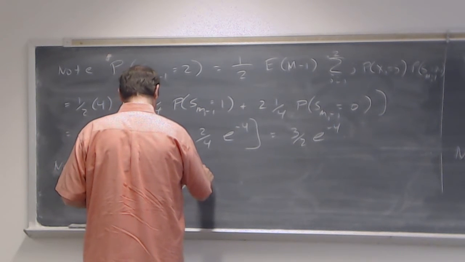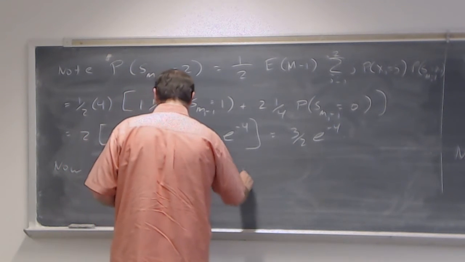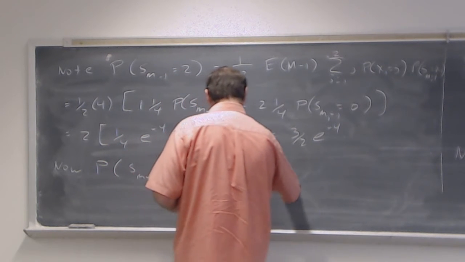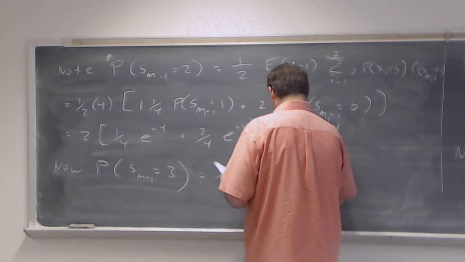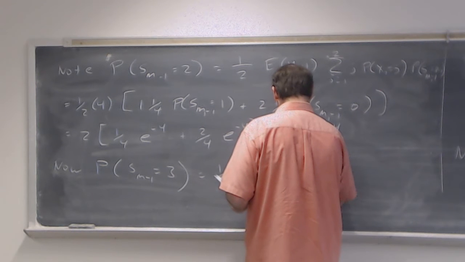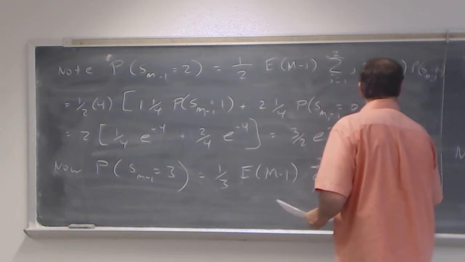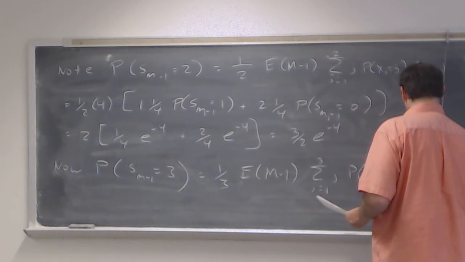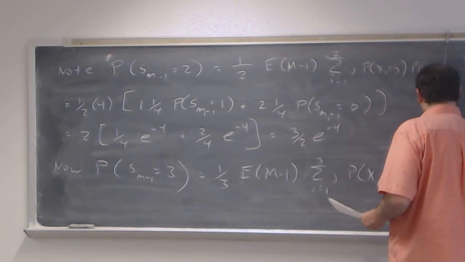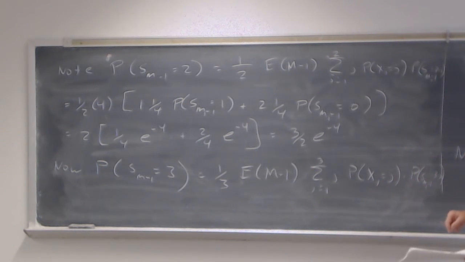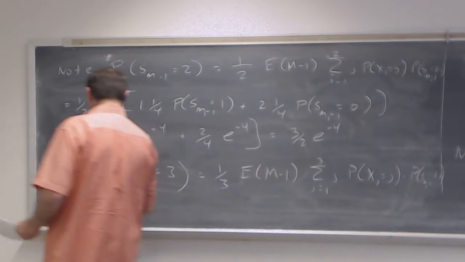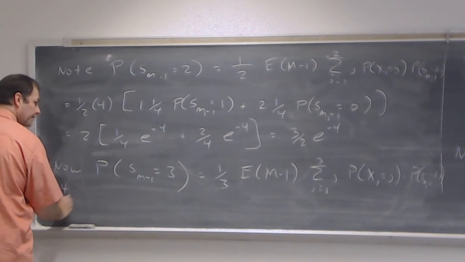This is equal to, using our formula, 1/3 times the expected value of M minus 1 times the sum as j runs from 1 to 3 of j times the probability X sub 1 equals j times the probability that S of M sub 1 minus 1 equals 3 minus j. So here again, this is 4, so it's 4/3.